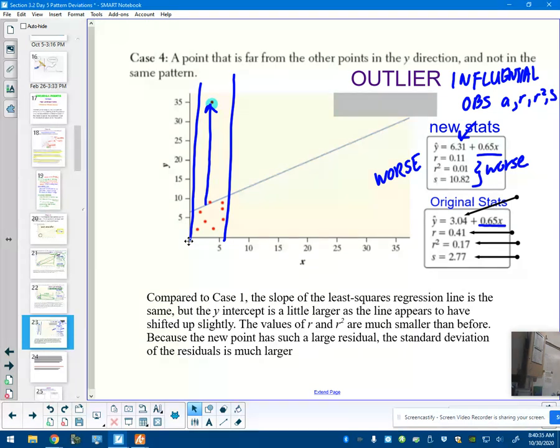I'm not sure I heard you, but a data set doesn't have to have any of these unusual points. And if it does have an unusual point, usually points are not both outliers and influential observations. Usually that does not happen.